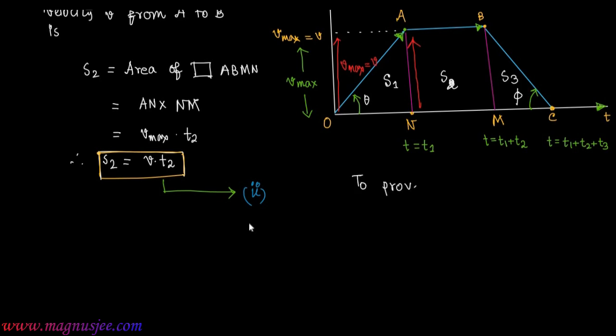To prove total time taken by the train t as equal x by V plus V by 2 bracket open 1 by alpha plus 1 by beta.